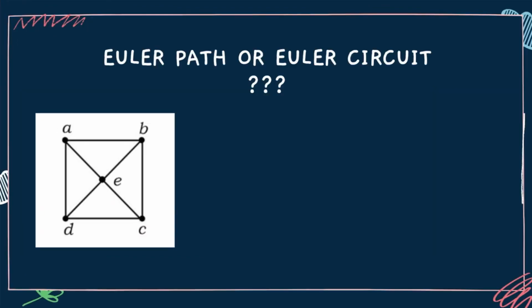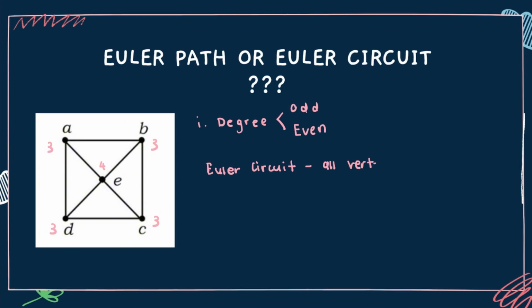Okay, so for the next example, as usual, we need to find the degrees first, to see if it has odd degrees or only even degrees. In this graph, A has 3 degrees, B 3, C 3, D 3 and E has 4. As you all know, for an Euler circuit, you need all vertices to have even degrees.